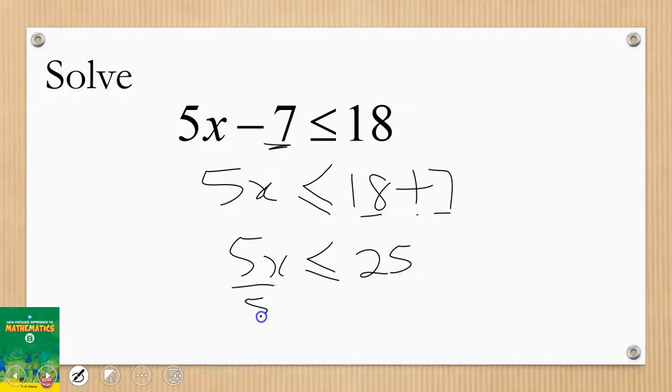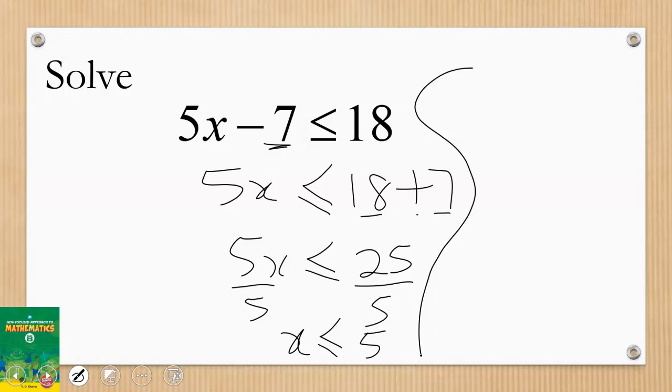If I divide here by 5 and I divide here by 5, I have x is less than or equal to 5. So that is our solution. But what if someone in solving this question groups the like terms this way?